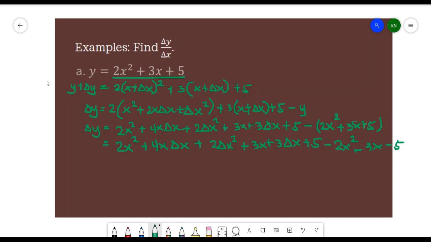Since we can cancel some terms here, as you can see, minus 2x squared and 2x squared is just 0. We have 3x here, minus 3x.